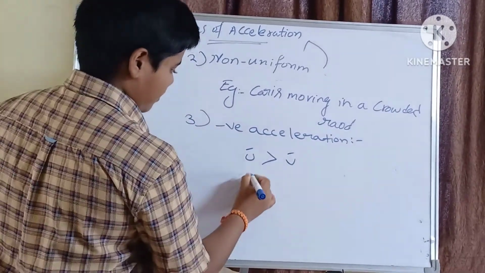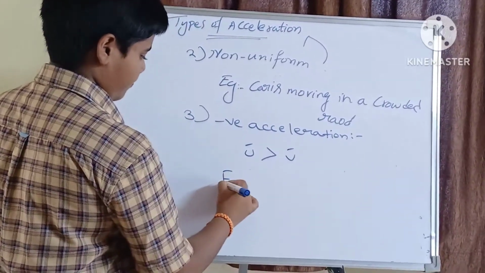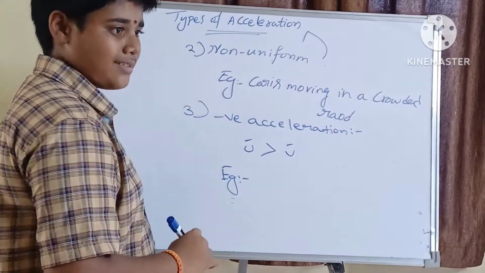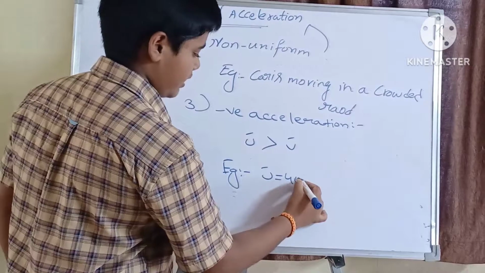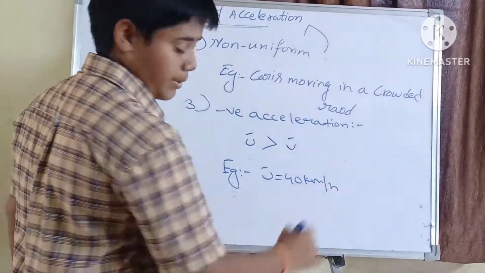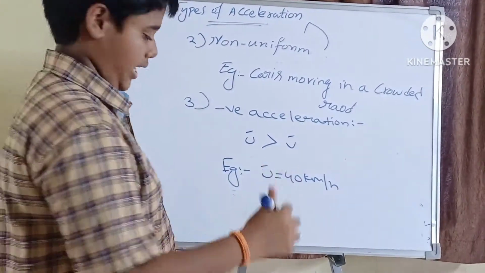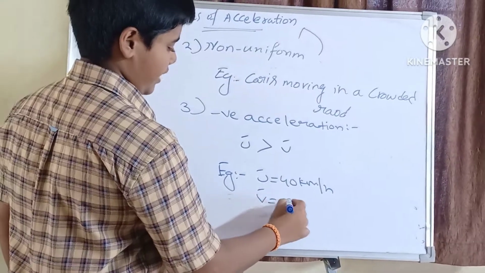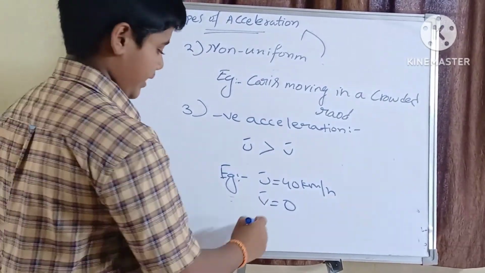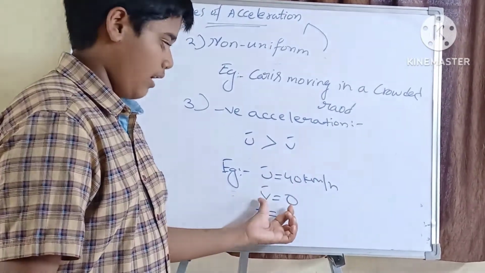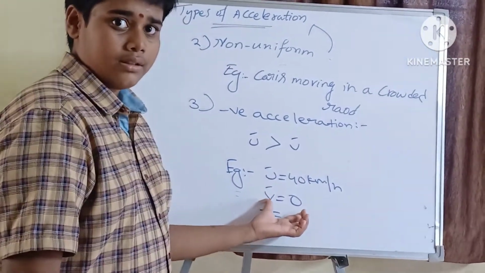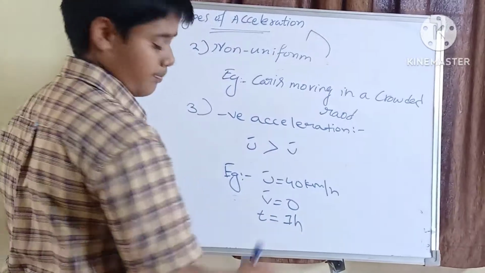For example, a car is initially moving at 40 km/h. So in that, initial velocity is 40 km/h, and it comes to rest, which means final velocity is 0. A car is coming to rest in 1 hour.